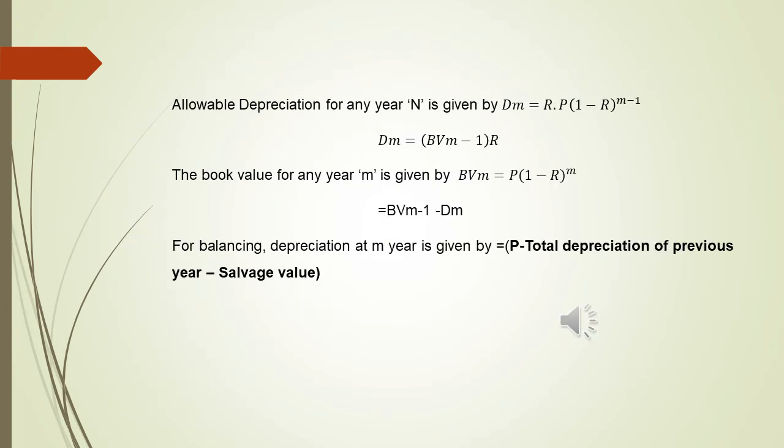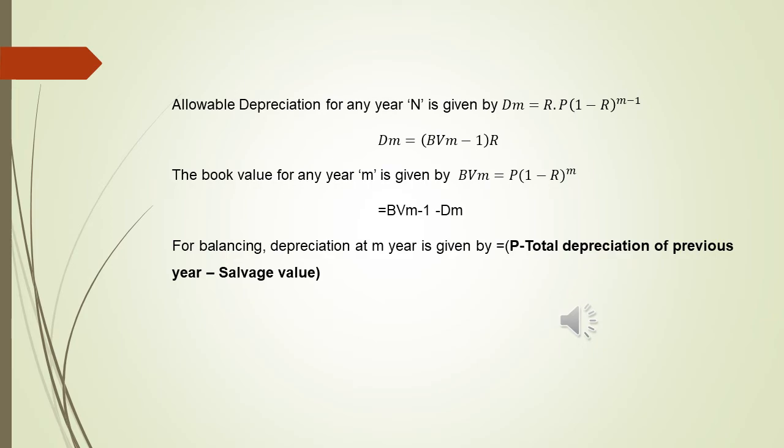So the allowable depreciation for any year M is given by DM equal to R into P into (1 minus R) to the power of M minus 1. You can rewrite it as BVM minus 1 into R. The book value for any year M is given by BVM equal to P into (1 minus R) to the power of M. That will be BVM minus 1 minus DM.